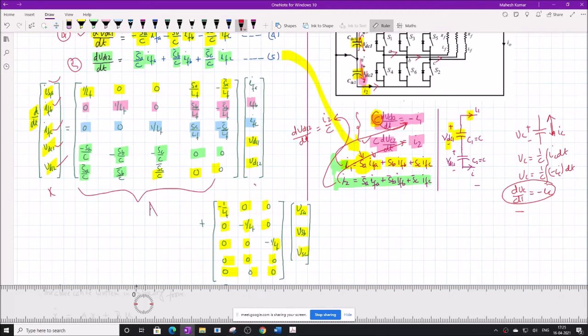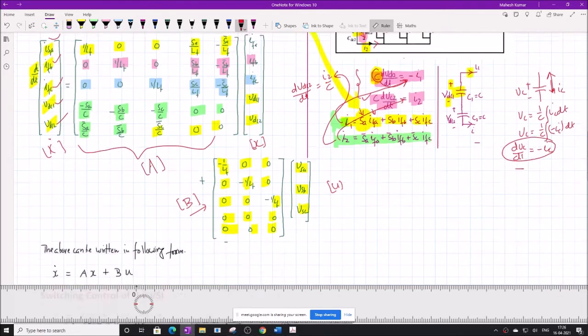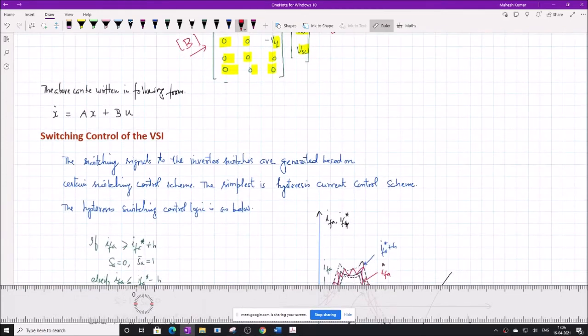This is again X, this is X dot, and this is B here, and this is U here. Therefore, we write in this form that X dot is equal to AX plus BU, where X is the state vector, A is the system matrix, B is the input matrix, and U is the input vector.